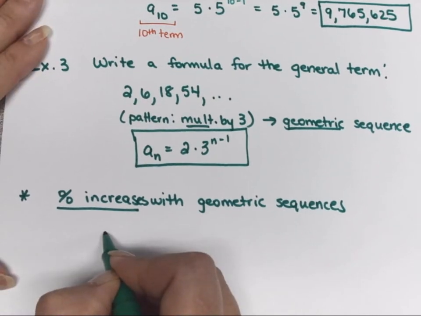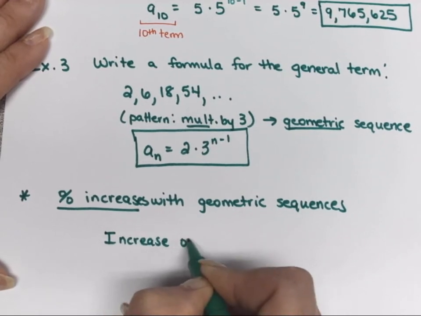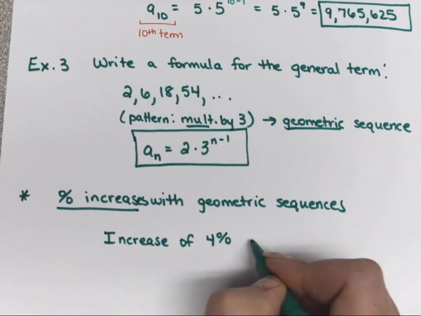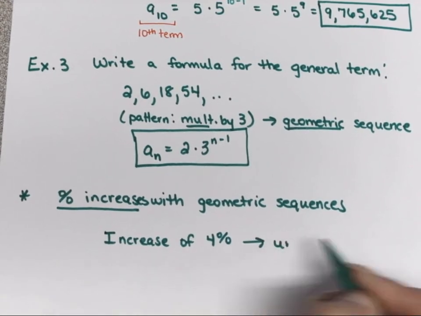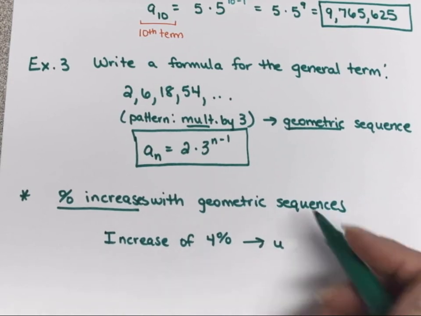So if you have an increase of 4%, what that actually means is we're going to use an R of 1.04, and we're going to talk about why.